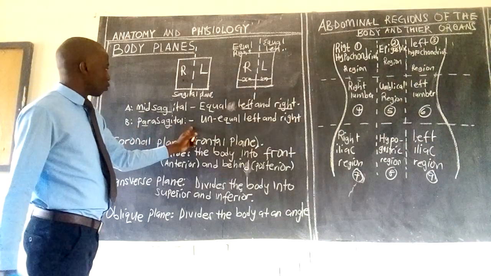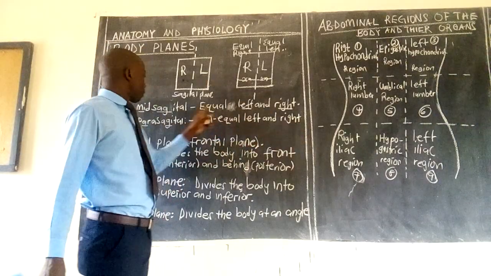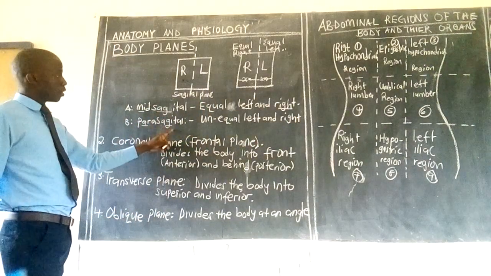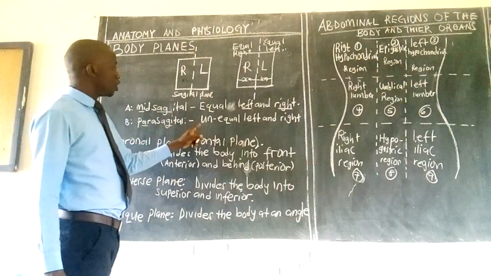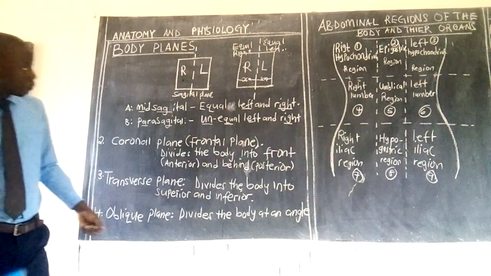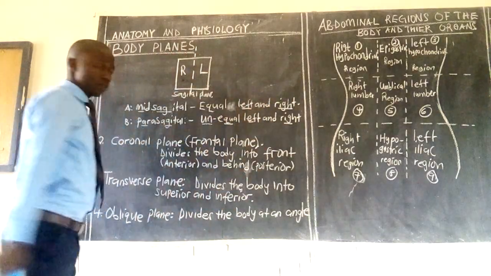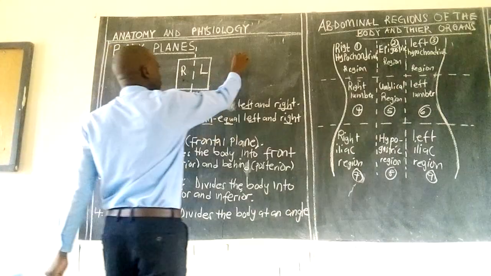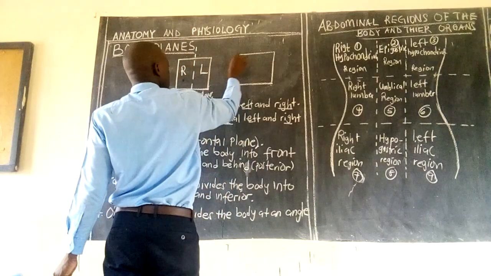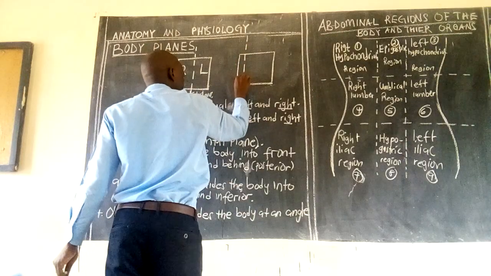Then for a parasagittal, it is unequal left and right. A parasagittal is a sagittal plane or imaginary line that divides the body into unequal left and right parts. If I am to draw my parasagittal lines, if this is the body, the parasagittal line can be here, like this.